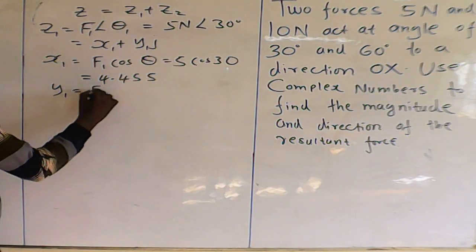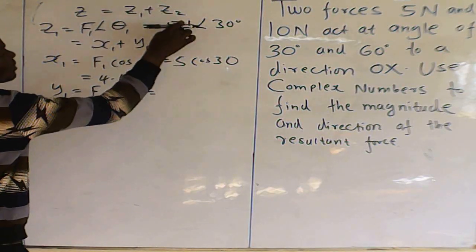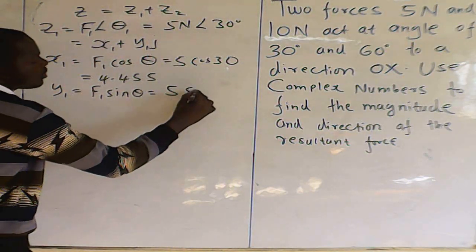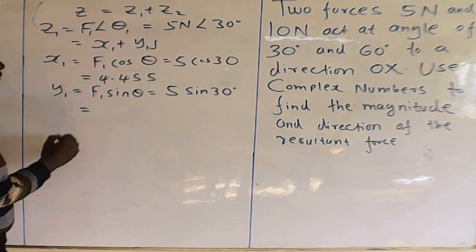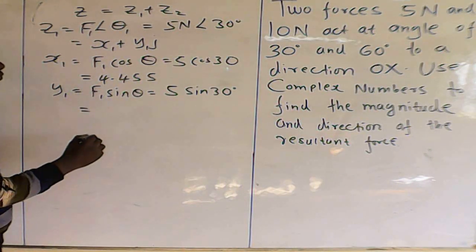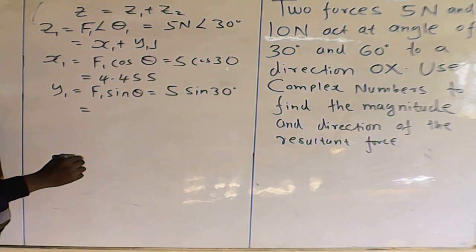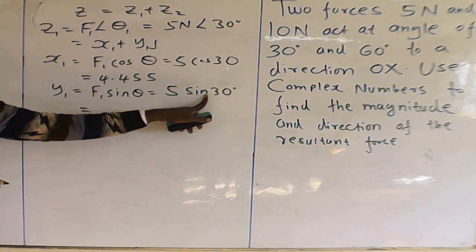So the y component is F1 sin theta, and your F1 is 5 Newton sin 30 degrees. What would you get to be y1? My friend, sin 30 is 0.5.